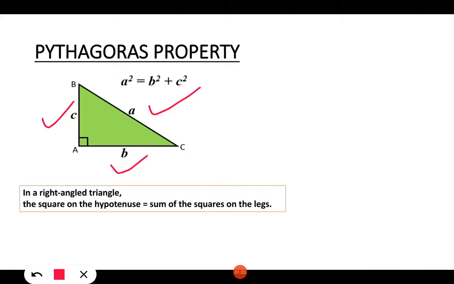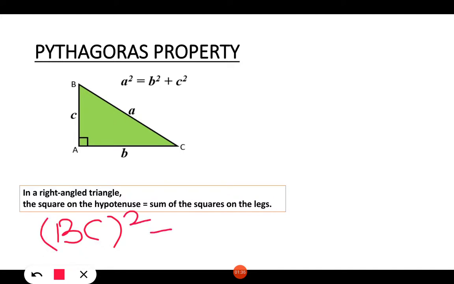So applying Pythagoras property, we have square on the hypotenuse BC square is equal to the sum of the squares on the legs, so AC square plus AB square.